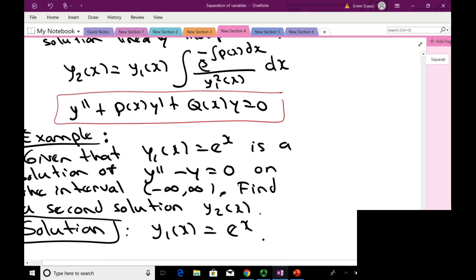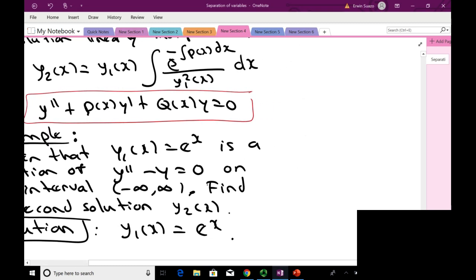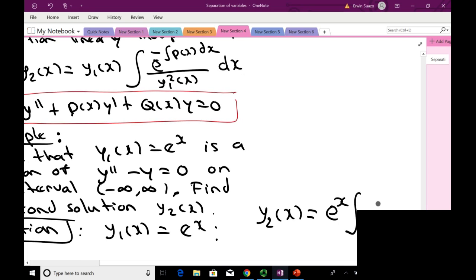So therefore, y2 of x will be equal to y1 of x, that is e to the x, times the integral of e to the minus integral of p of x.